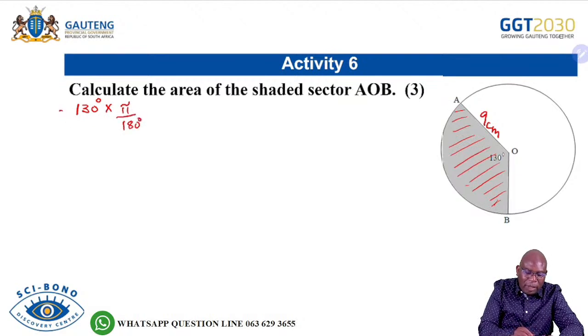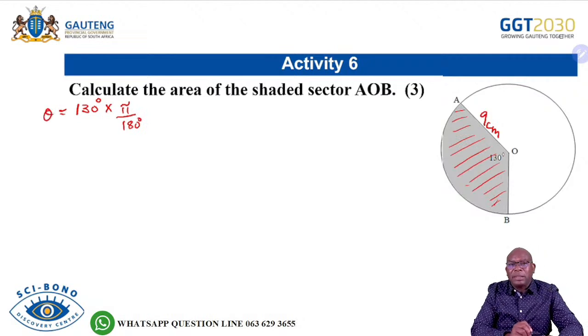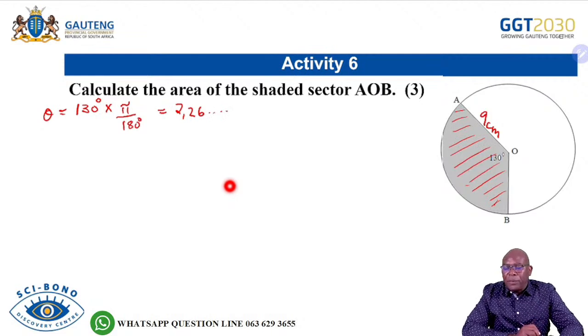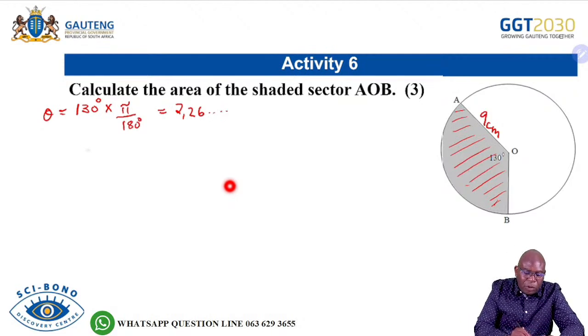So now I'm changing my angle to radians, and I'm going to get 2,26. Then I'm going to say the area is equal to half r squared times the angle.